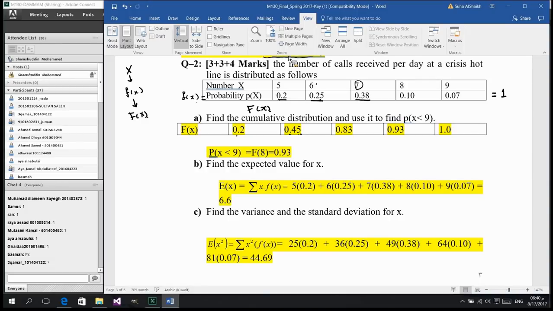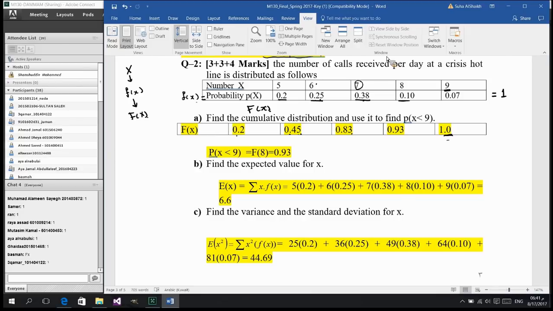We add all that is less than or equal to the number I have. For 8, it's 0.2, 0.25, 0.38 and so on, equal to 0.83. For 9, we add everything up to it, and we get 1.